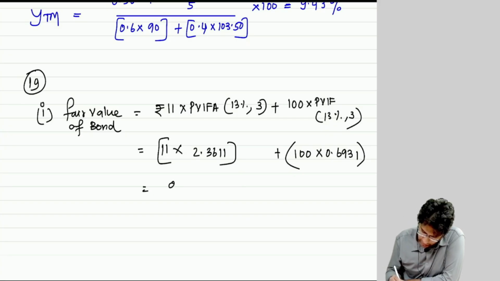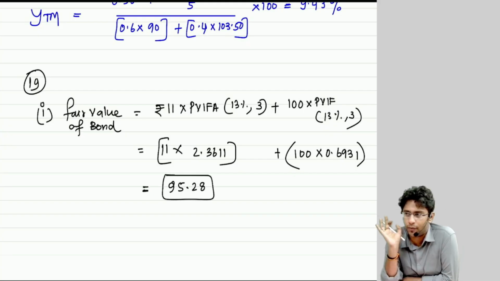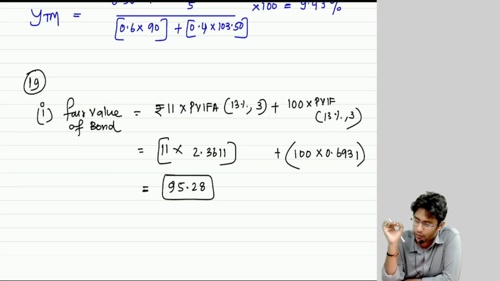How much did you get? 90? 27 you got, I got 28. That's okay, we will not fight over it. 95.28 is the fair value of the bond. What is the meaning of this? If I want to earn a return of 13%, I should buy the bond at 95.28.